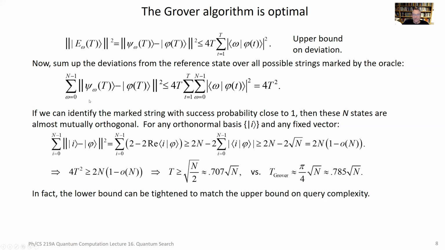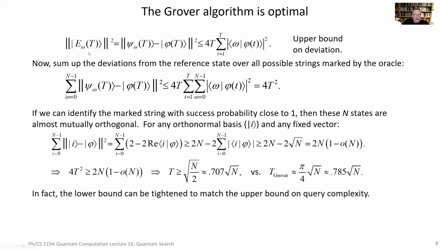Now suppose it's true that with success probability extremely close to 1, we can identify the marked state perfectly. That means that the different vectors corresponding to different marked states have to be mutually orthogonal. Only in that case would I be able to essentially perfectly distinguish them.